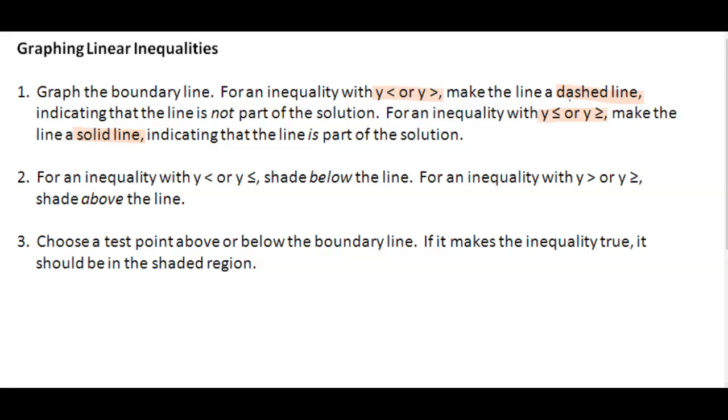So it's all about the equal sign being part of the inequality. The shading comes from where the y value is. So if the y value is to the left and less than, you shade below. If the y value is to the left but greater than, you shade above. And then again, you can always pick a test point to determine if your shading is true or false.